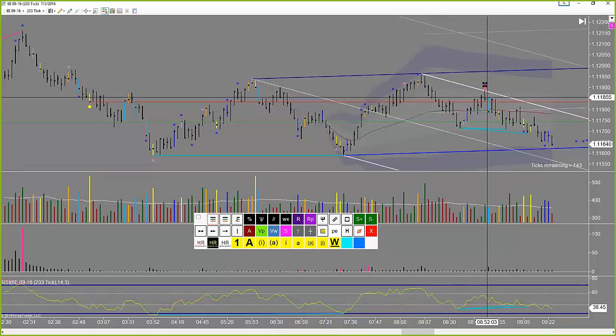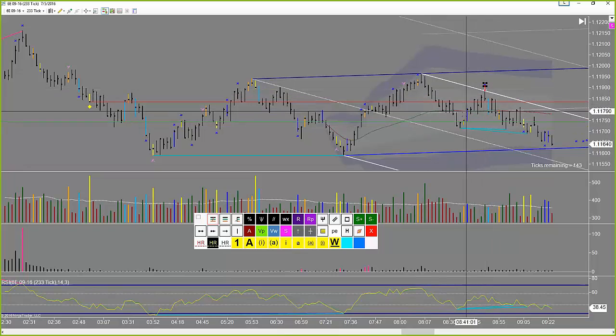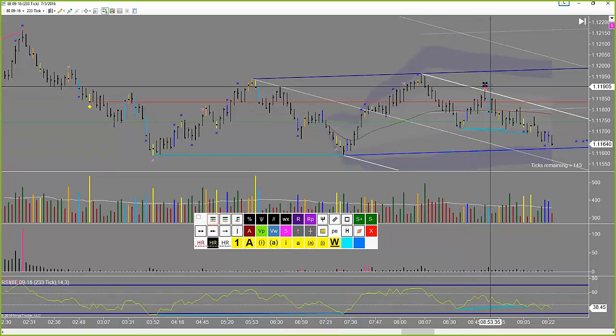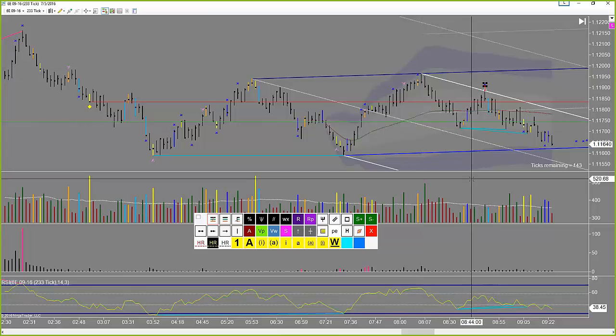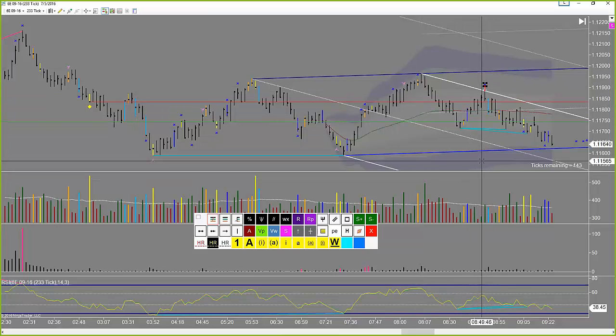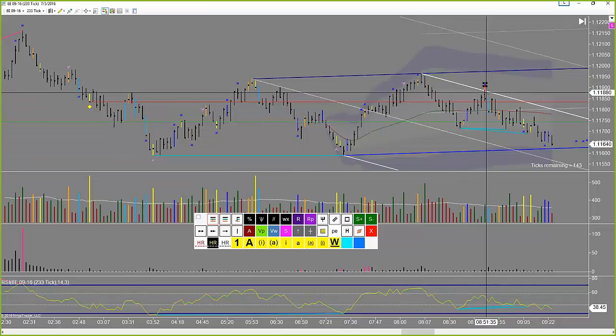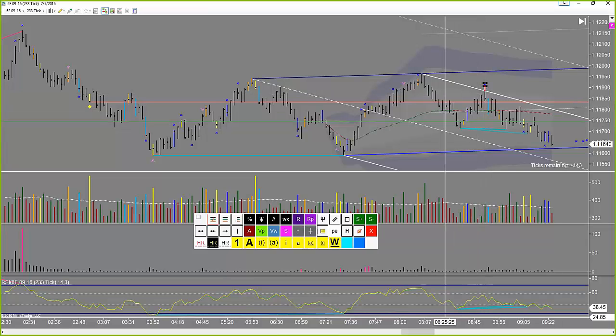Although the tiny little retracement trades like that are not something I'm particularly interested in, unless, of course, I'm expecting just a massive move and I've completely missed it. Then I'll think about taking something like that with a very tight stop, like 5, 6 ticks. So, coming back to the 2-minute.